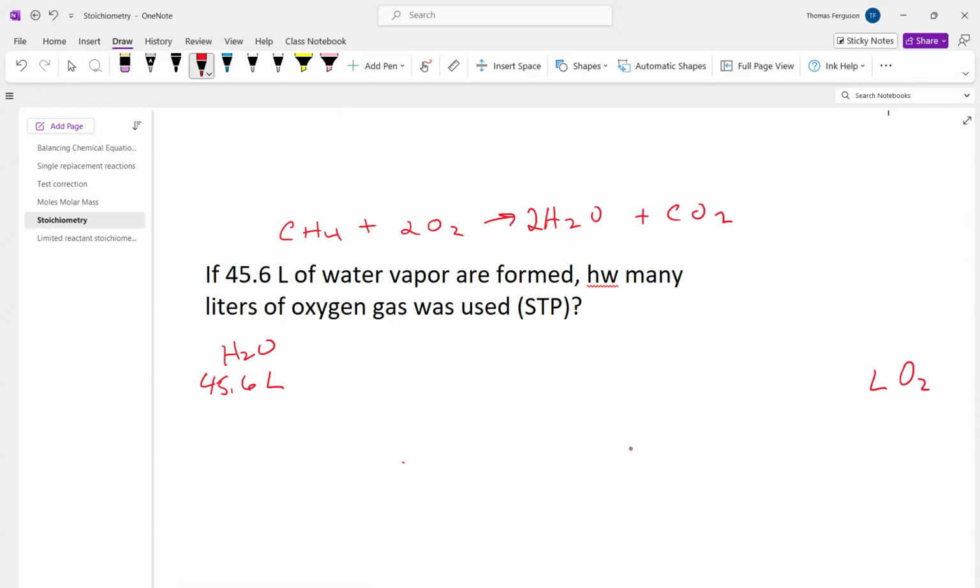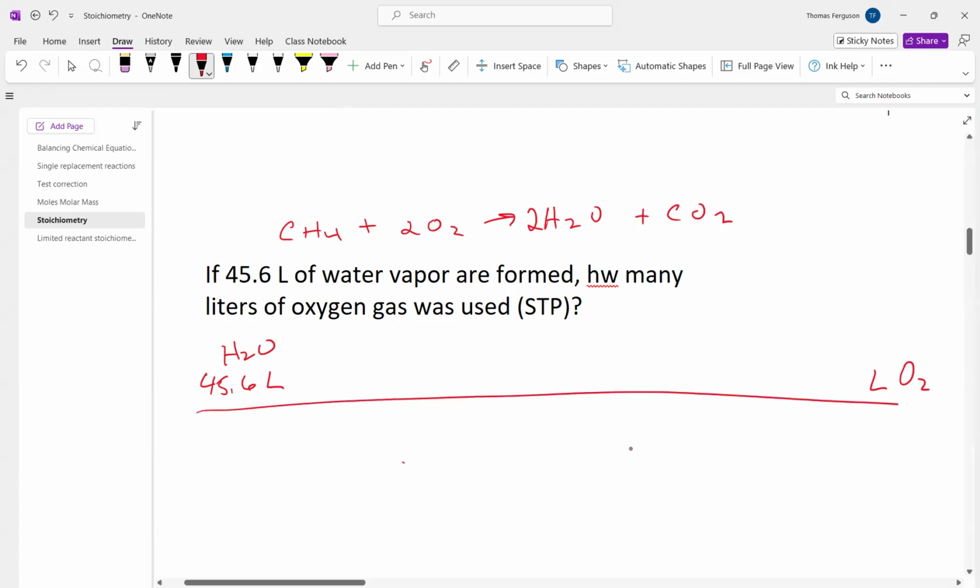Step number one, liters to moles. How many liters are in 1 mole of any gas? 22.4. At STP only.